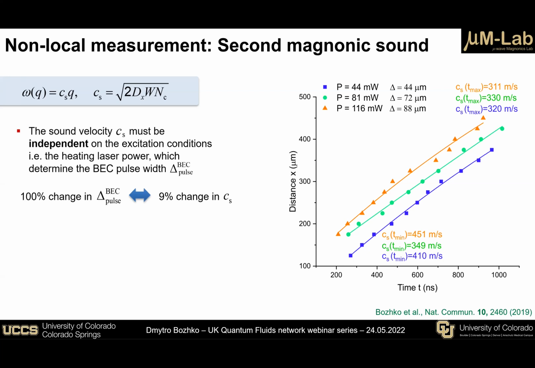And if you excite a wave at higher frequency, where you pump, for instance, just above the ferromagnetic resonance, you excite not just the zero-vector magnons, but a lot of them.